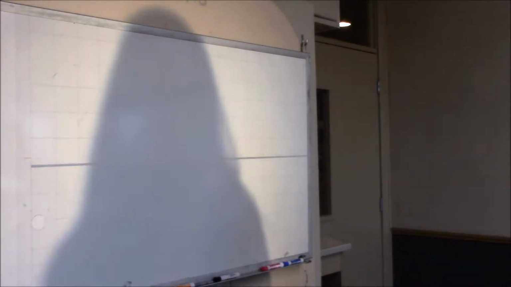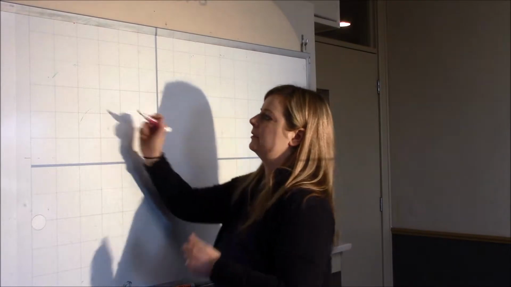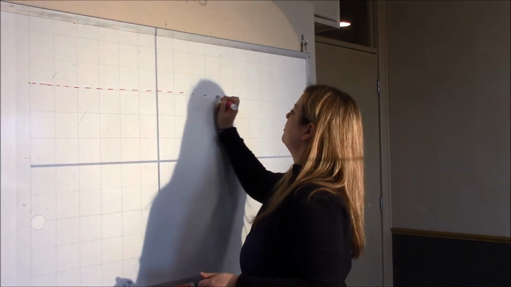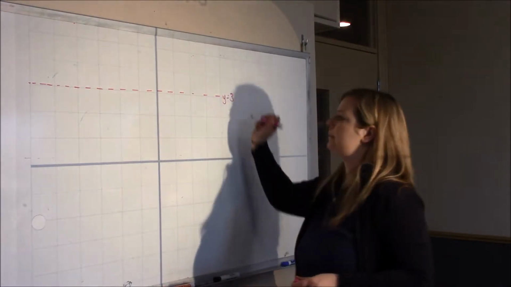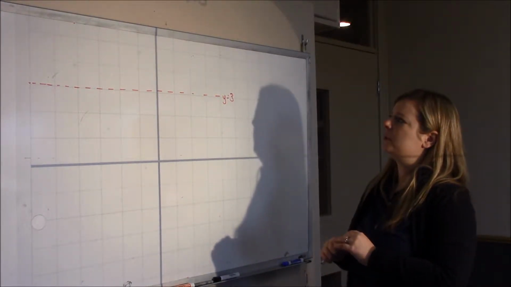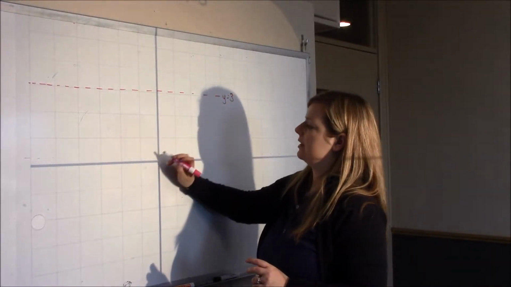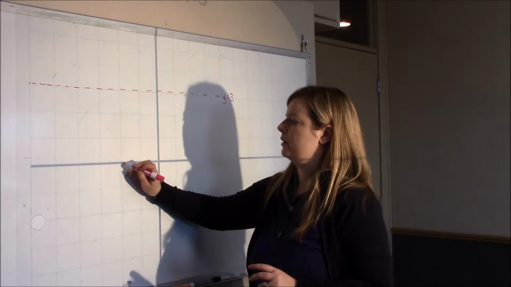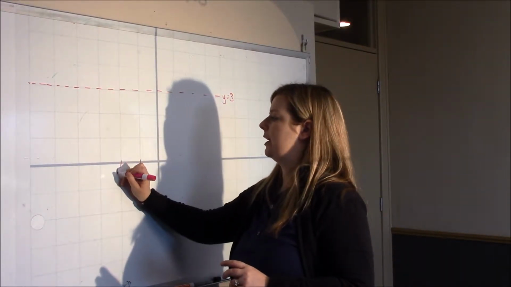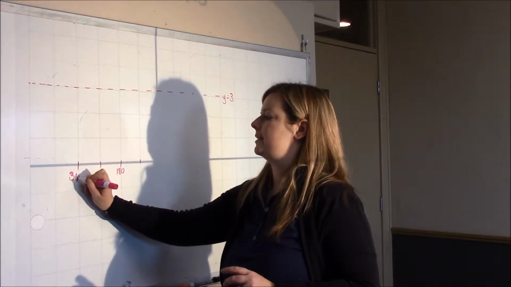Okay? So my axis is at 3. 1, 2, 3. Y equals 3. And this is a sine function. I want it in 360, so this is 90, 180, 270, 360, negative.